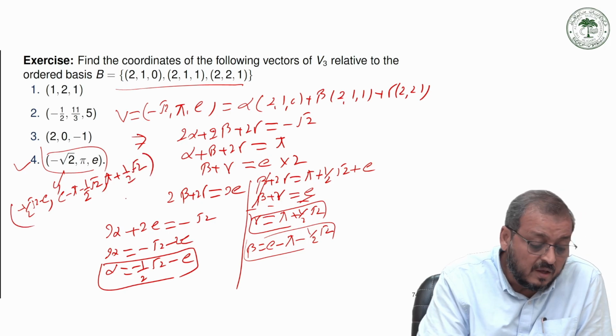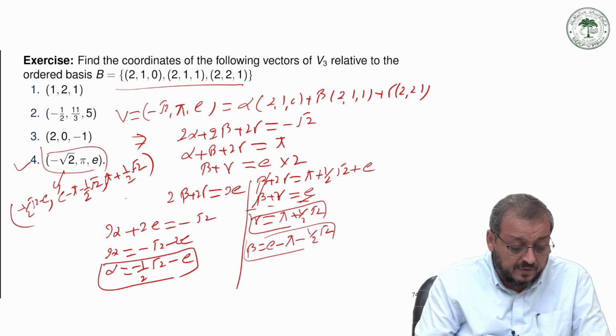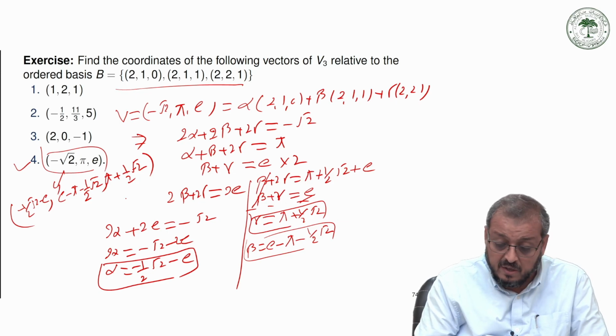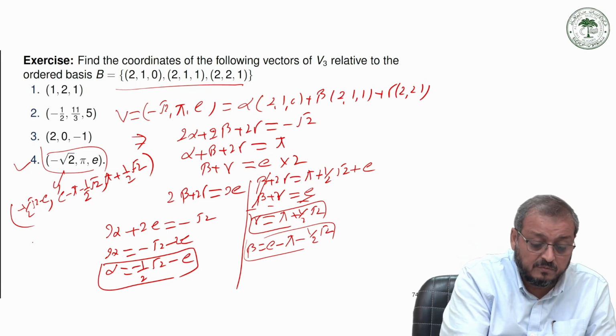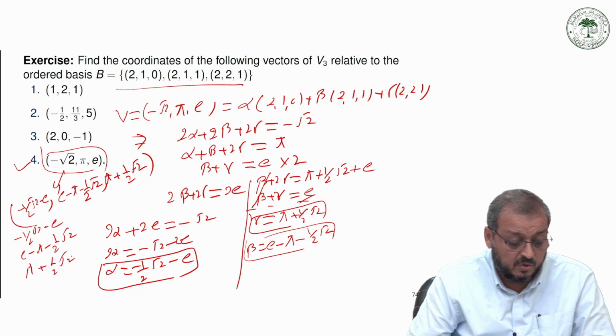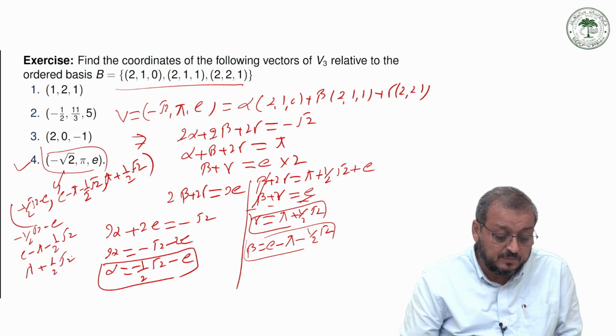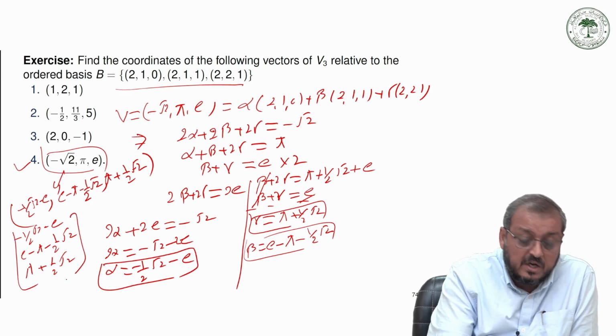So we calculated the coordinate vector of this. If you write it in matrix form, this can be written as minus 1 upon 2 root 2 minus e, e minus pi minus 1 upon 2 root 2, and pi plus 1 upon 2 root 2. So these are the coordinate vectors of this.